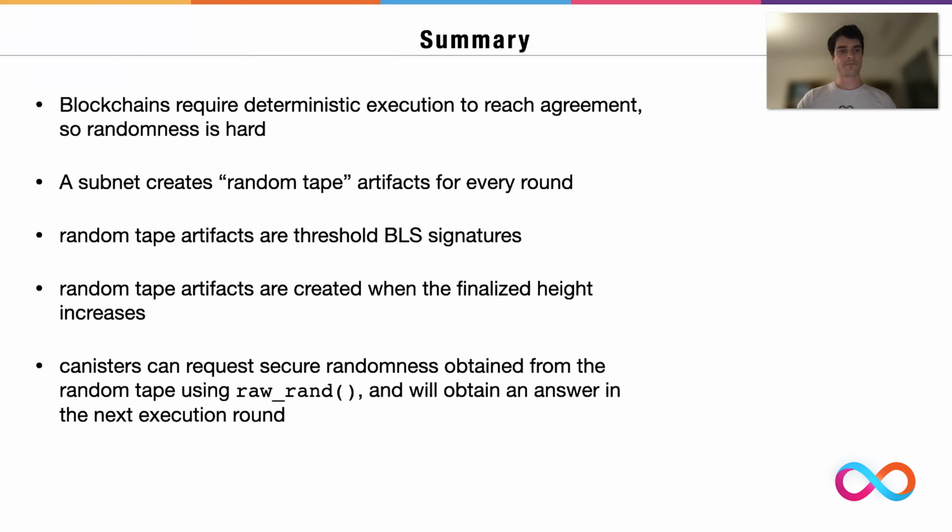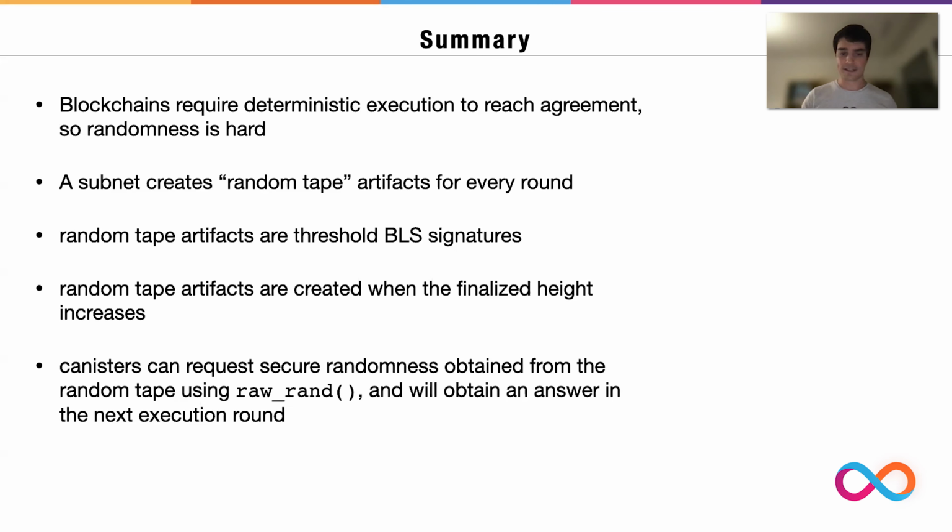And that brings me to the summary. So we've seen that randomness is very useful for many things, but doing this in the blockchain setting is really difficult because we always need deterministic execution. We always want to agree on the state, so we cannot choose our randomness ourselves. What we do is that a subnet creates random tape artifacts every round, which are threshold BLS signatures.